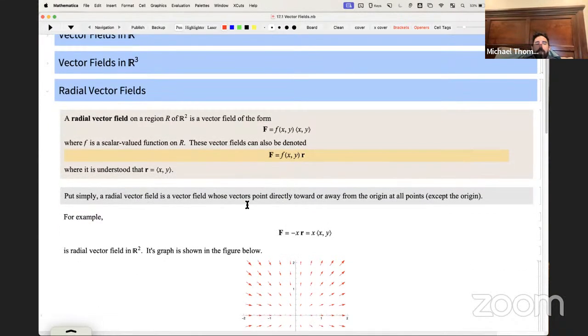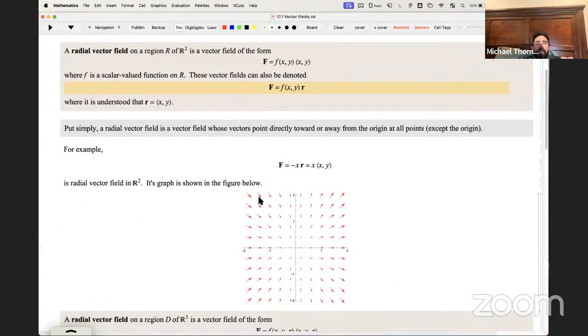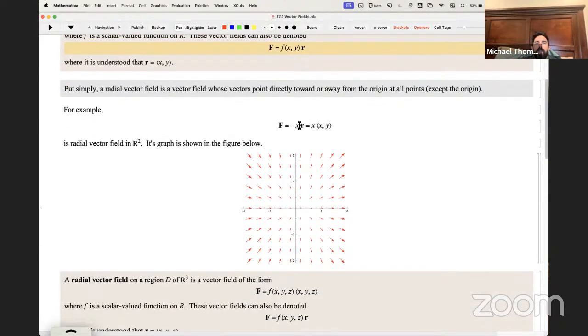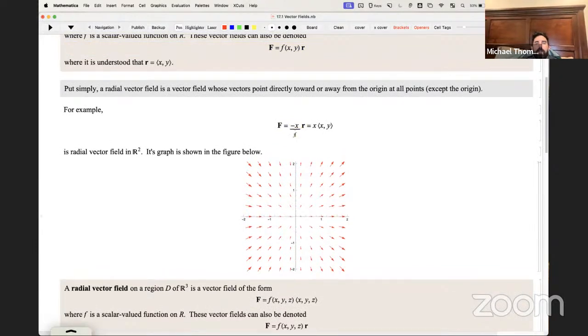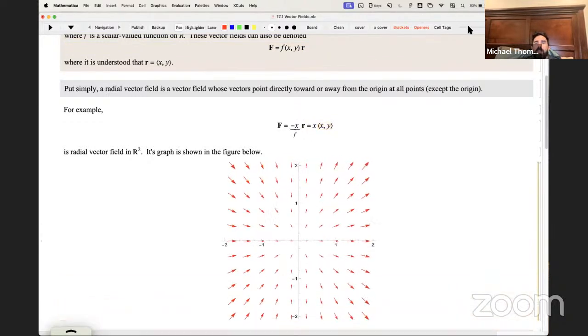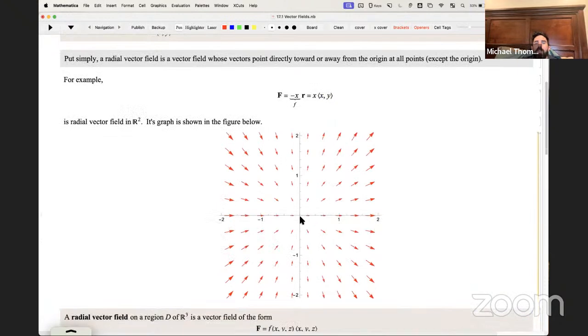Here's an example of a two-dimensional radial vector field. The function I'm using here is that guy. That's our function f in front, and there's that radial vector r, the specific vector xy. I want you to notice that all of these vectors either point inward towards the origin or outward away from the origin.